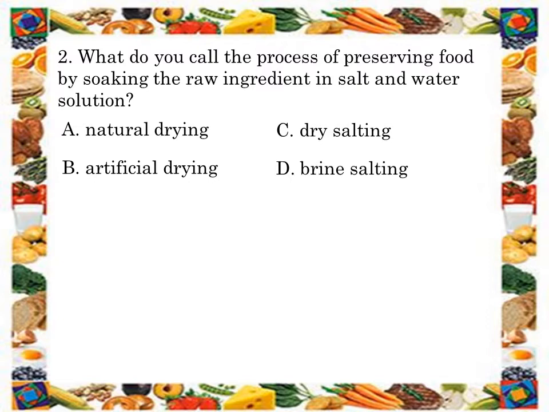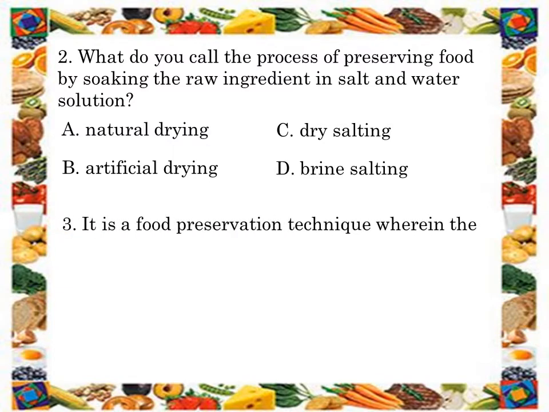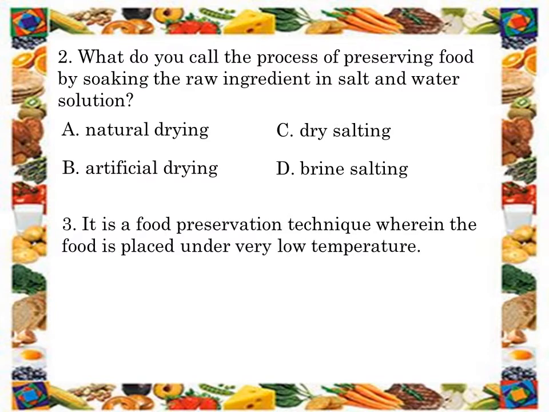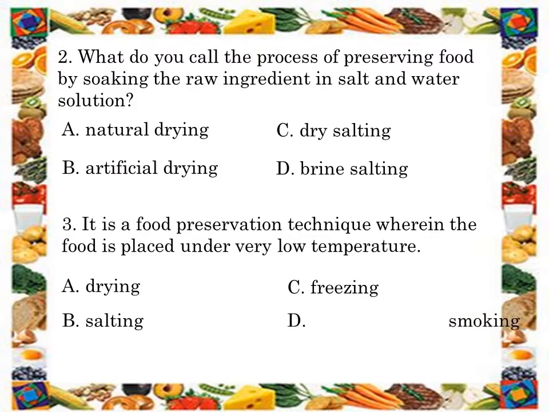Number 3. It is a food preservation technique wherein the food is placed under very low temperature. Letter A. Drying, letter B. Salting, letter C. Freezing, and letter D. Smoking.